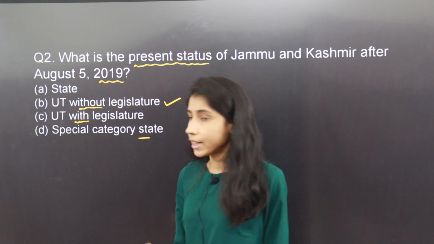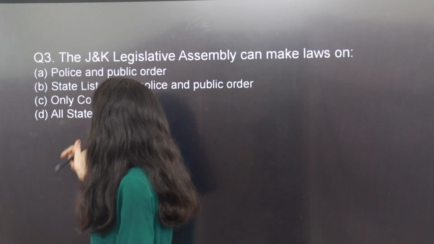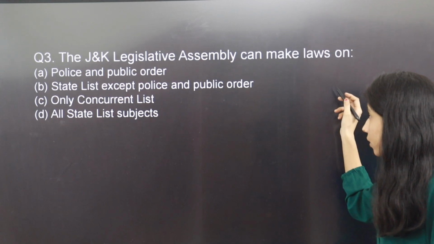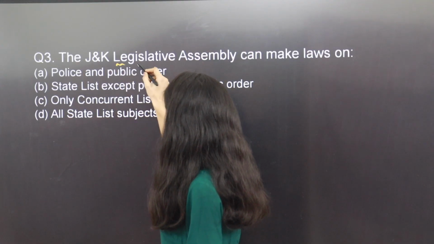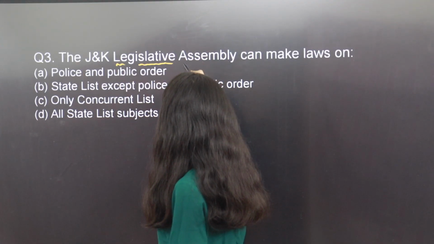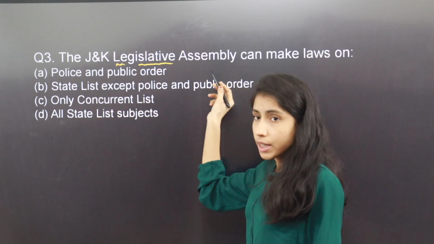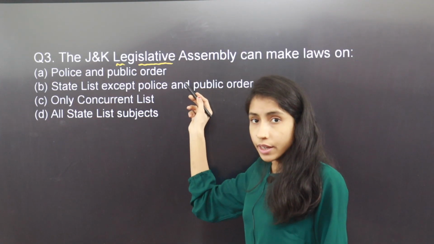Let's move on to the next question. The J&K Assembly can make laws on... the J&K Legislative Assembly. What is this Legislative Assembly? It's a law-making body. The laws are made here.